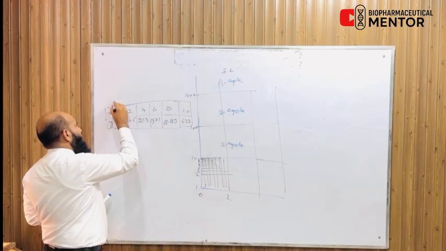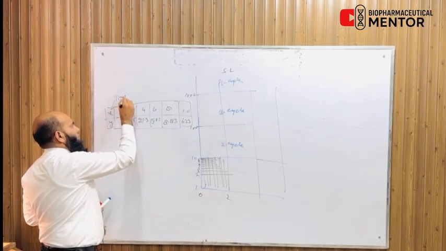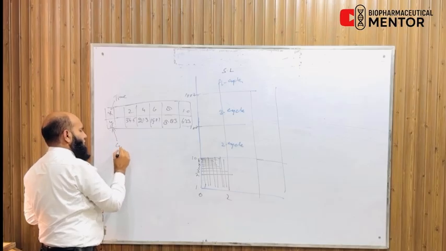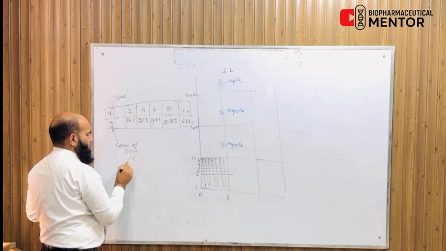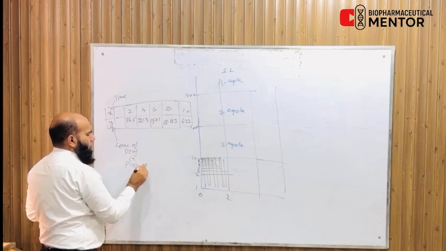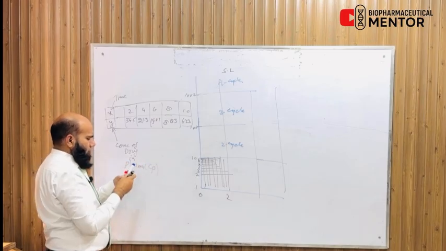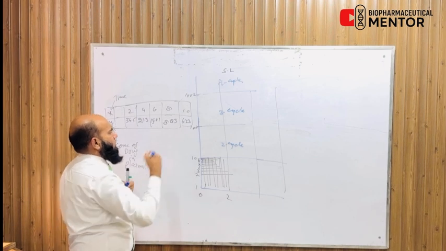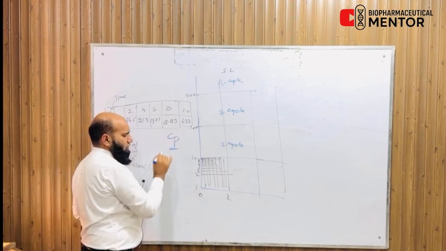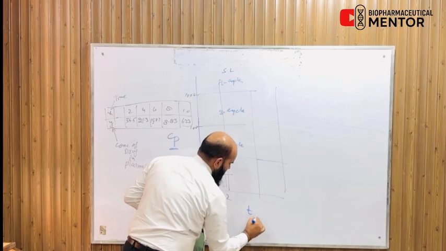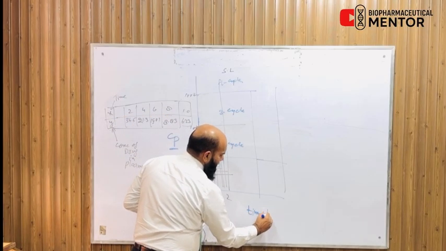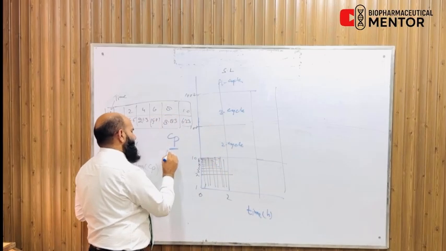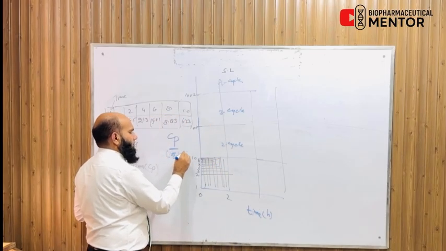For example, we can say this is time and this is the concentration of drug in plasma, which we can write as Cp. So on the x-axis we have time in hours, and on the y-axis we have plasma concentration Cp in microgram per ml.